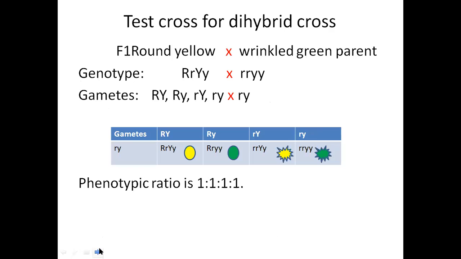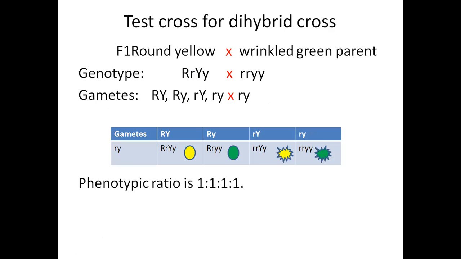Now, if you conduct the test cross for a dihybrid cross, we are considering two factors, two traits here, shape of the seed and color of the seed. Because we are taking the F1 round yellow plant, we obtain four different types of gametes. Again, you can see here the formation of the four different gametes.